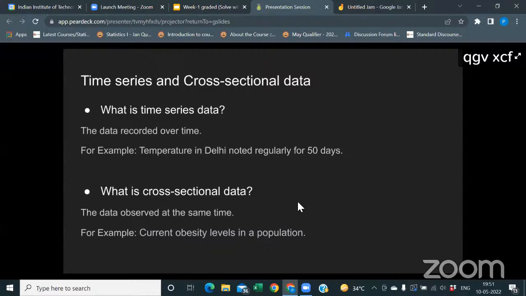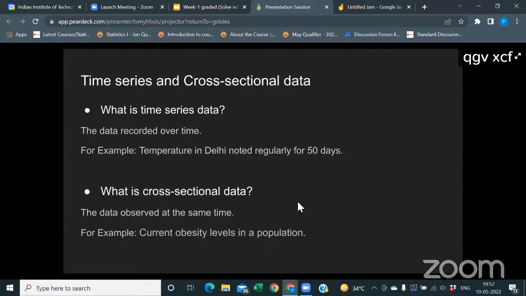See, this is time series and cross-sectional data. Time series is the data recorded over time, means different timings. For example, temperature in Delhi noted regularly for 50 days. So here for 50 days, you are observing and tabulating the data. This type of data will be considered as time series data. And cross-sectional data is data observed at the same time.